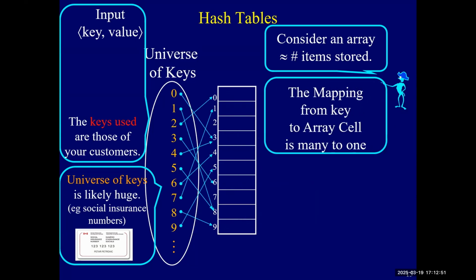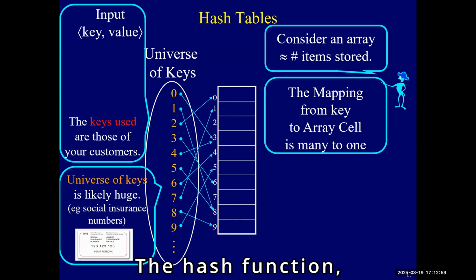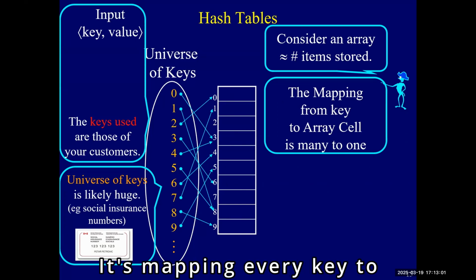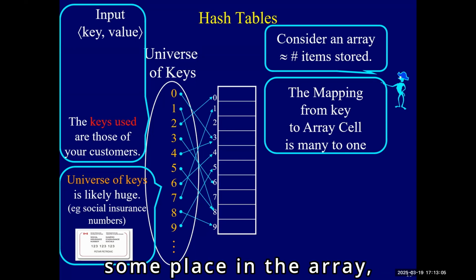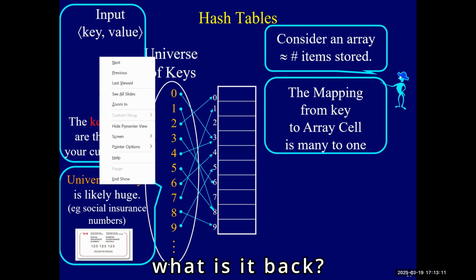All right. So then we're going to define what's called a hash function. And a hash function, what does it do? It's the blue arrows. It's mapping every key to some place in the array, right? So what is this?